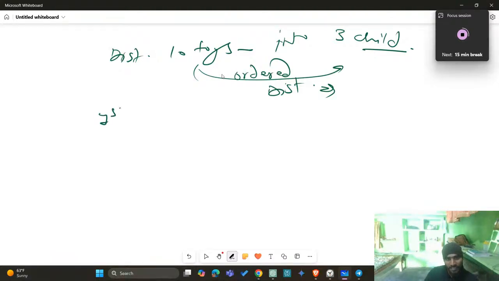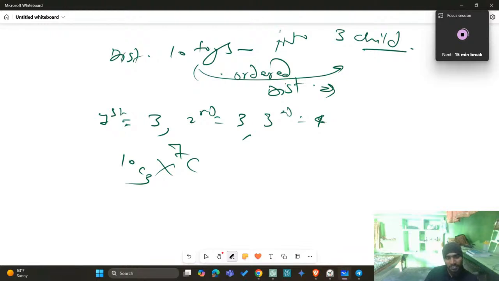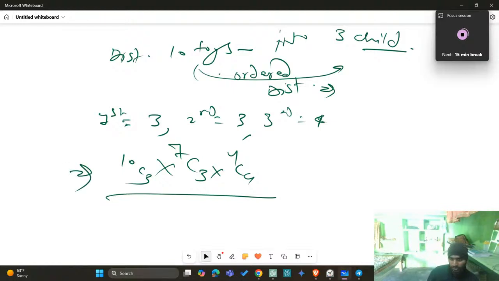Let's say the first child gets three toys, the second child also gets three, and the rest, the third child, gets four toys. So three toys to the first child is 10C3 ways. Now we are left with 7 toys, so 7C3 ways for the second child and 4C4 for the third. These are the total number of ways we can distribute the toys in ordered distribution in case of pre-specified distribution.